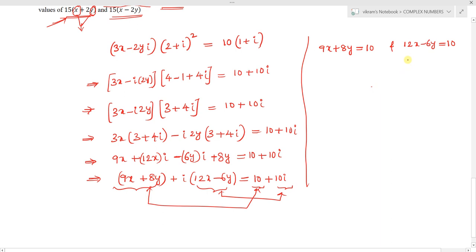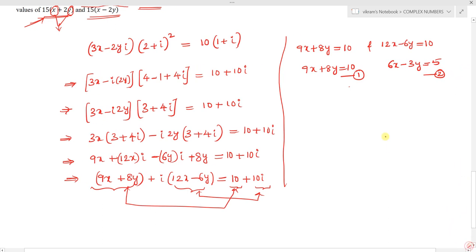Taking 2 as common, we can write 6x minus 3y equals 5, and the other condition is 9x plus 8y equals 10. Let's consider 6x minus 3y equals 5 as equation 1 and 9x plus 8y equals 10 as equation 2.